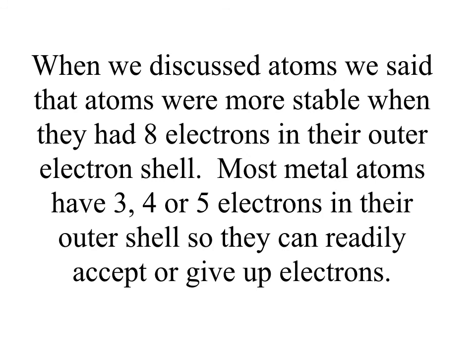And so we said that good conductors are things like metals, and that atoms, obviously, are more stable with 8 electrons in their outer shells. We learned that from our chemistry. And most of our metal atoms have 3, 4, or 5 electrons in outer shells, so they're readily available to accept or give up electrons.